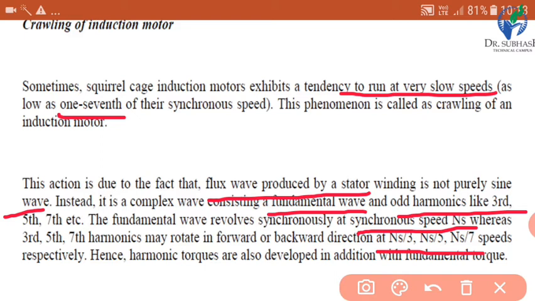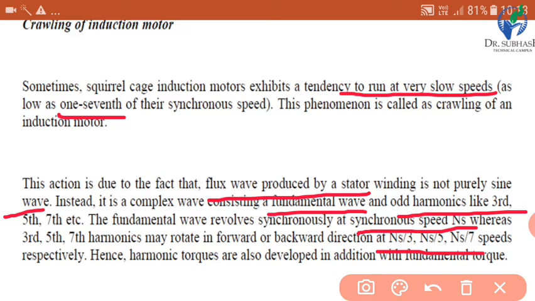It means for the third harmonic its speed will be Ns/3, that is synchronous speed divided by 3. For the fifth harmonic its speed will be Ns/5, and for the seventh harmonic it will be Ns/7. So this is the presence of harmonics.